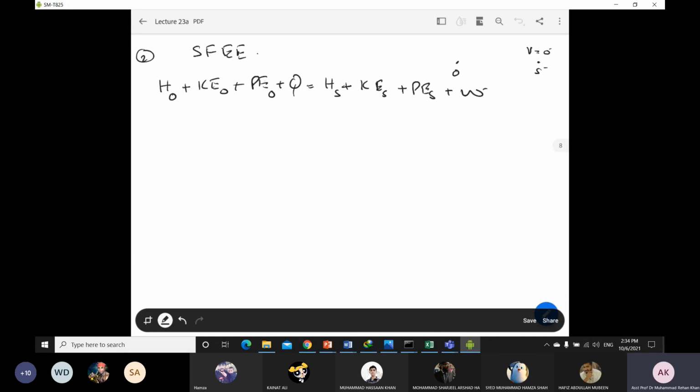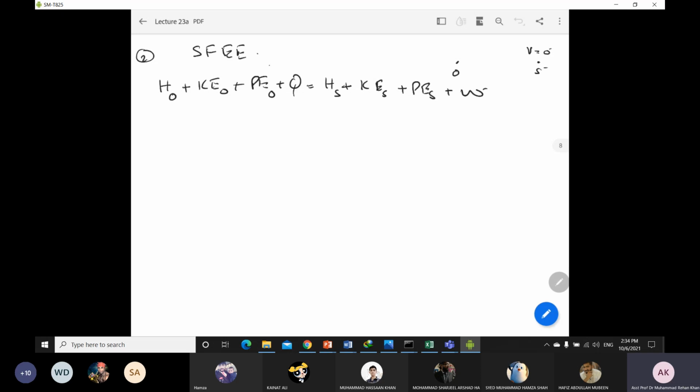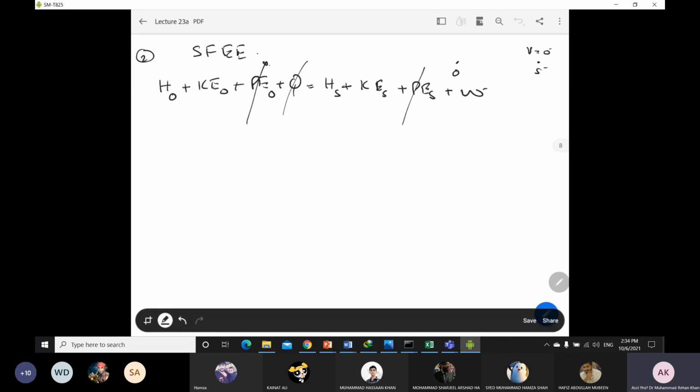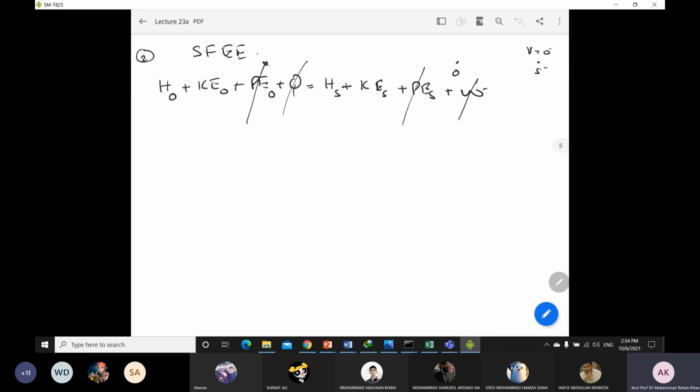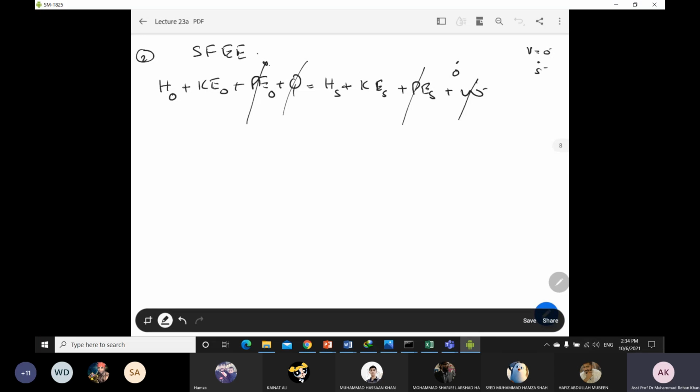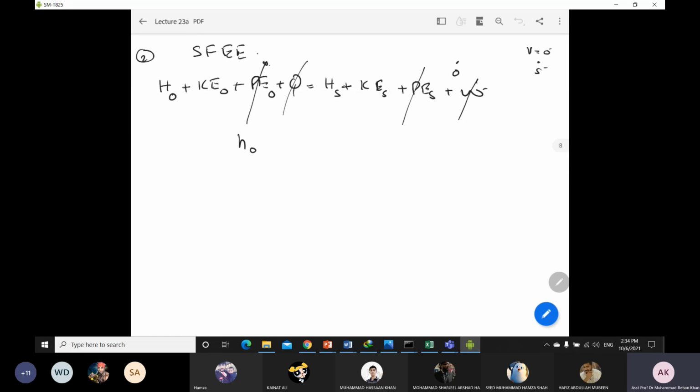We already know that there is no height difference, so the potential energy is eliminated. There is no heat transfer because the process is adiabatic. There is also no transfer of work, so the W term is also eliminated. Now if I write this equation per unit mass, it will be H naught plus V naught squared divided by 2 is equal to the stagnation enthalpy per unit mass plus Vs squared divided by 2.